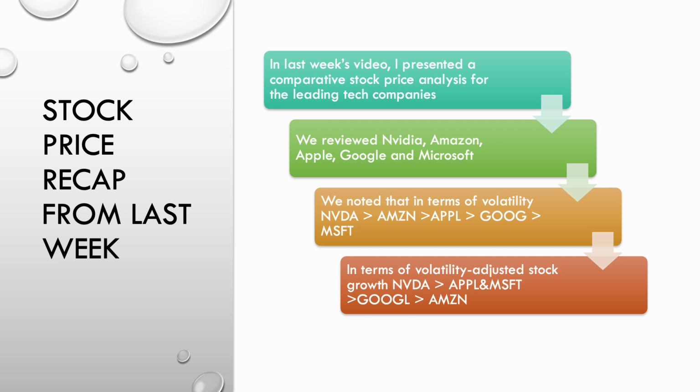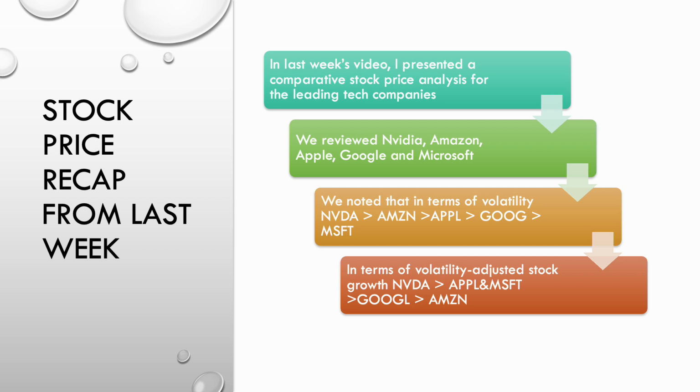In terms of volatility, we noted that Nvidia's stock growth is by far more volatile than the other companies, and Microsoft is the least volatile. In order, Nvidia is the highest, followed by Amazon, then Apple, then Google, then Microsoft.